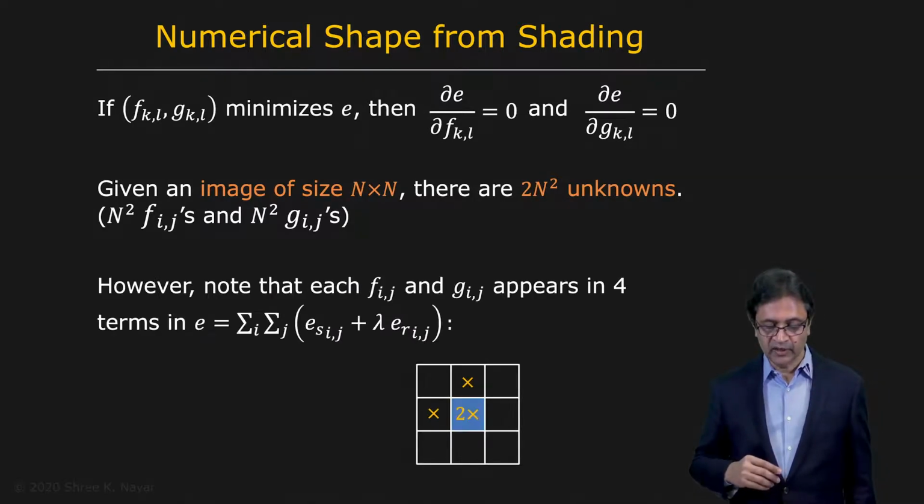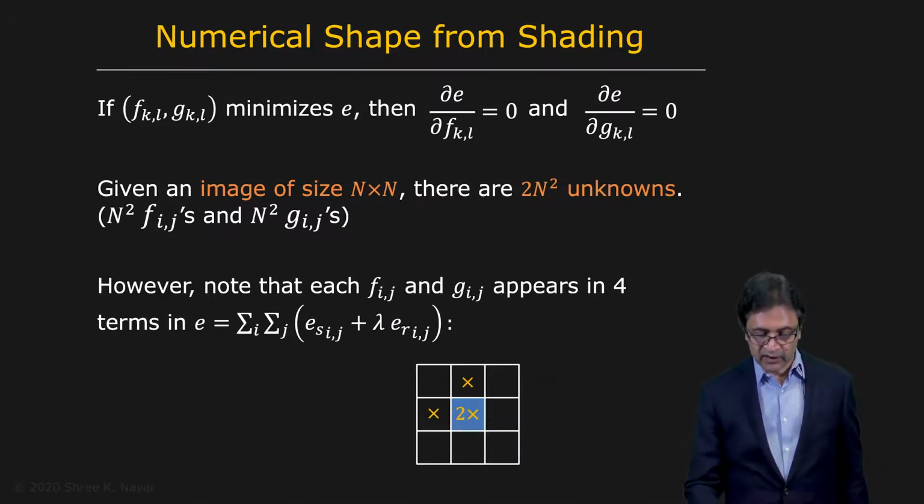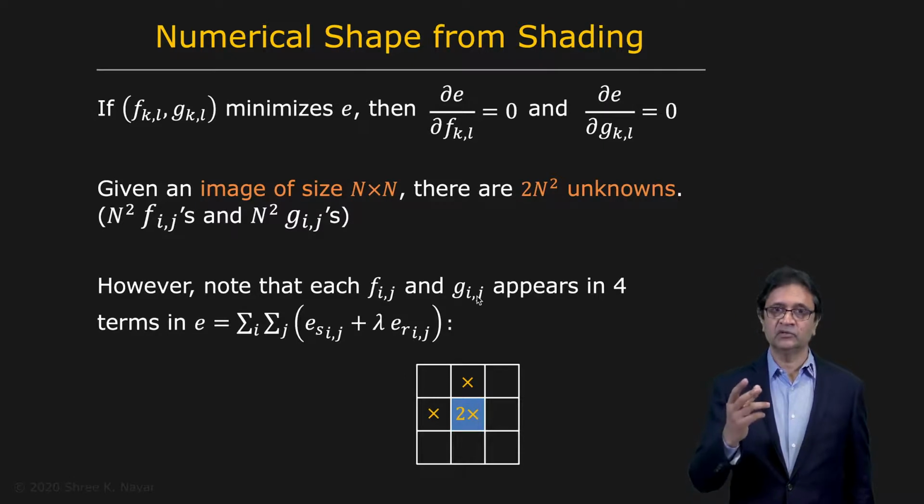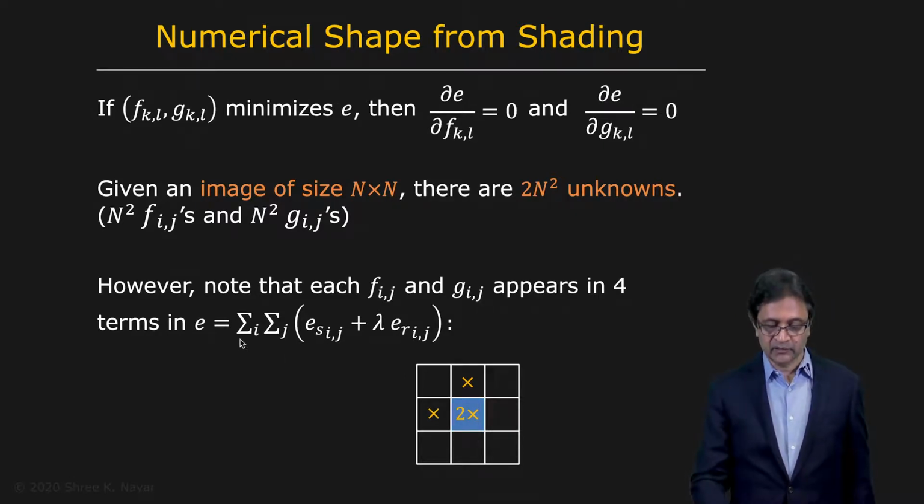But there is hope. And the hope comes from the fact that, let's say you take one particular pixel ij, the fij and gij, these two numbers, show up in only 4 terms in this summation over the entire image that's shown right here.